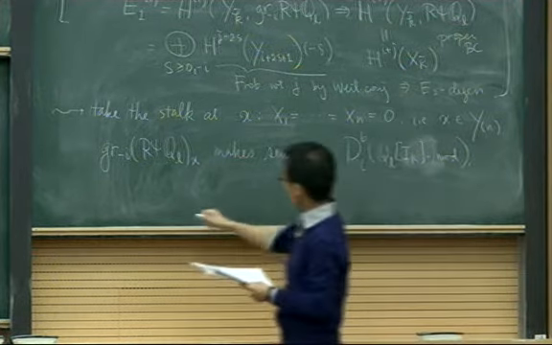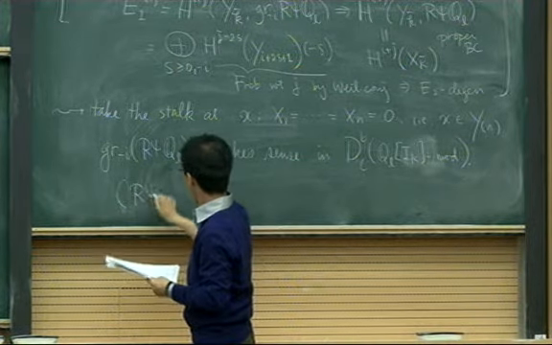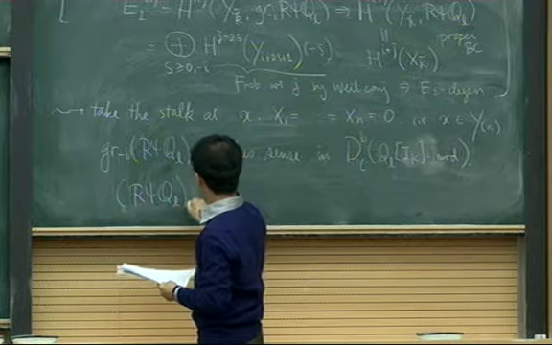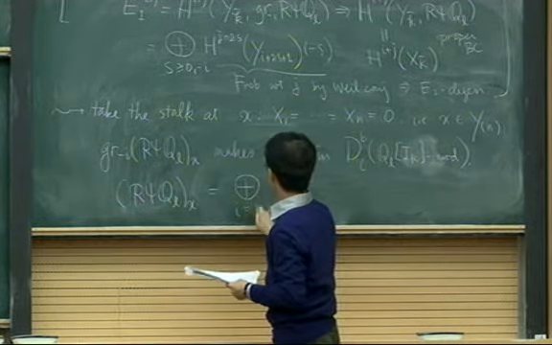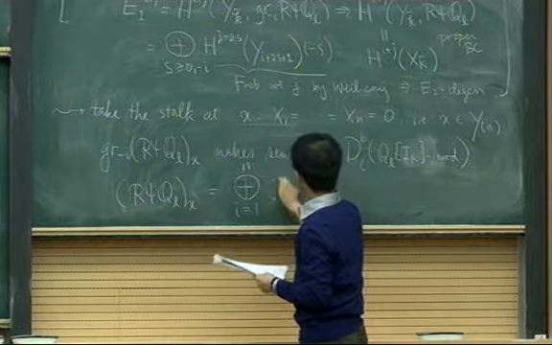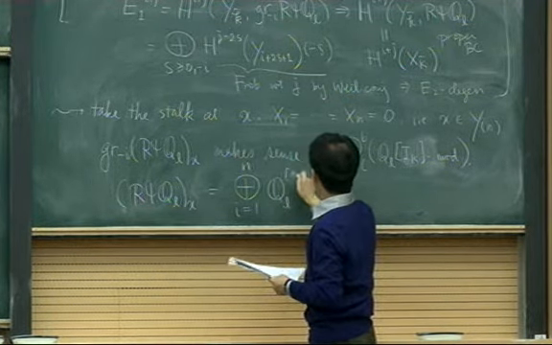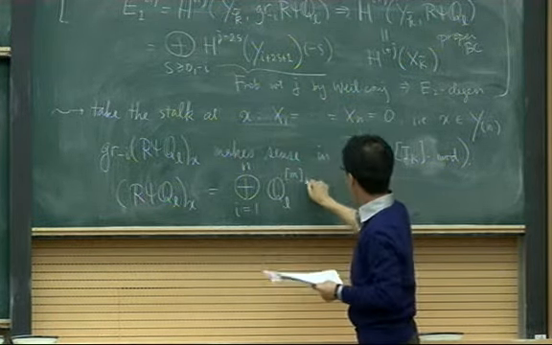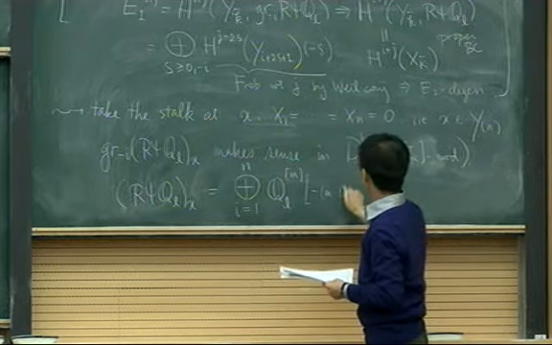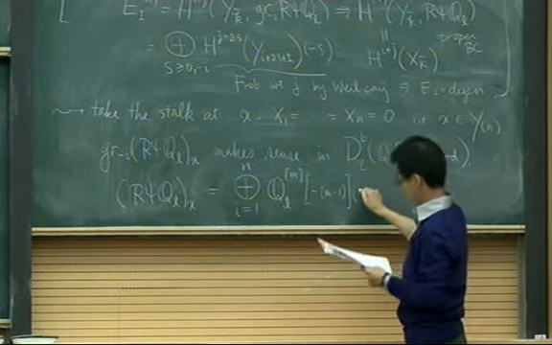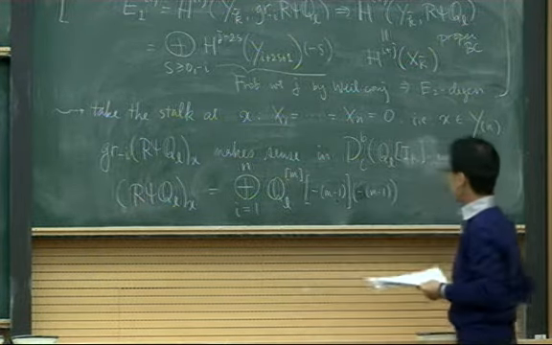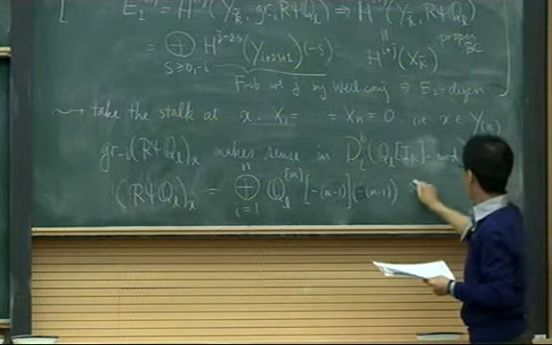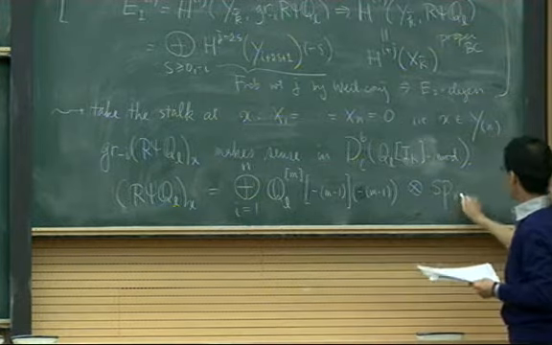Then this looks like this big thing shifted by -1 and twisted by -1, minus m minus 1, times what's called Sp of m.